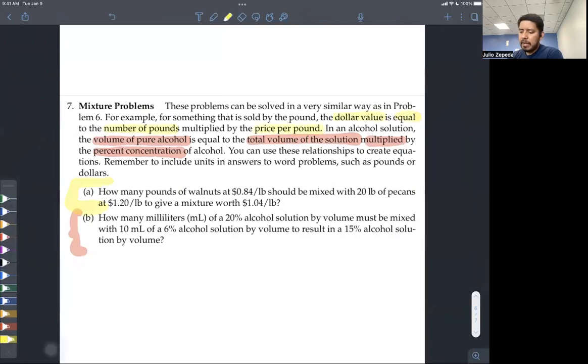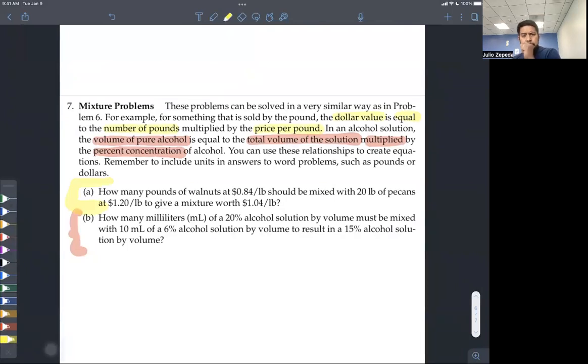So notice: dollar value, number of pounds, price per pound. If you're going to use a table, those are going to be the 3 things in the column. And then, in the categories, it's whatever you're selling: walnuts, peanuts, cashews, pecans, or whatever's in the problem. Make a table, try to fill in what you know, and then use similar reasoning as what we did here in this mixture problem to get the solution for part A.